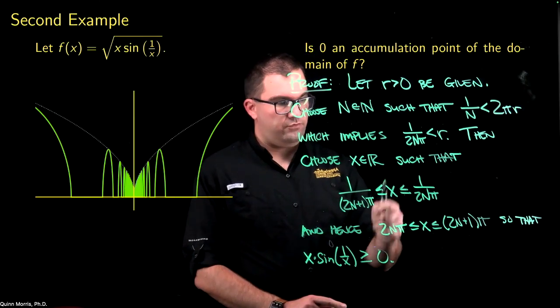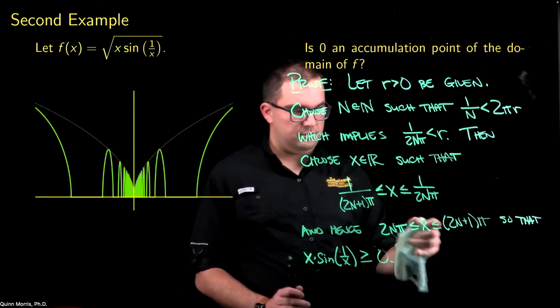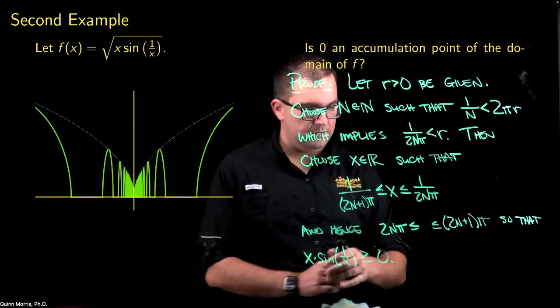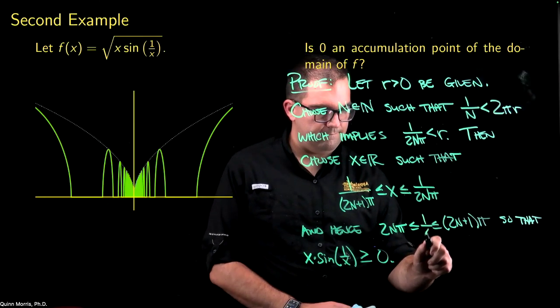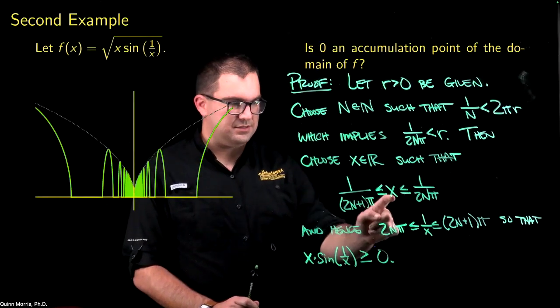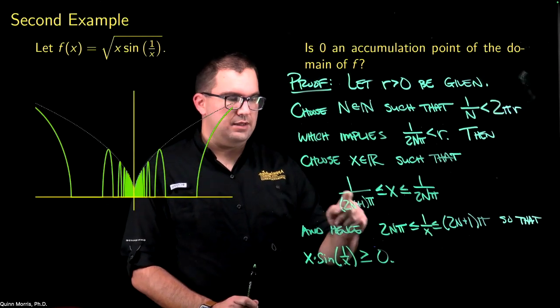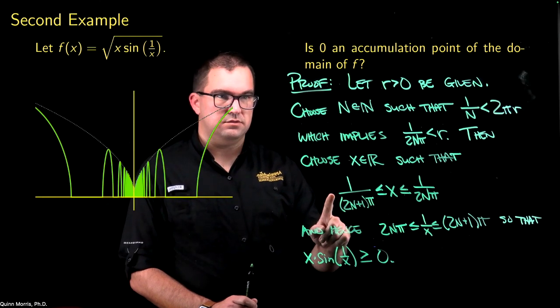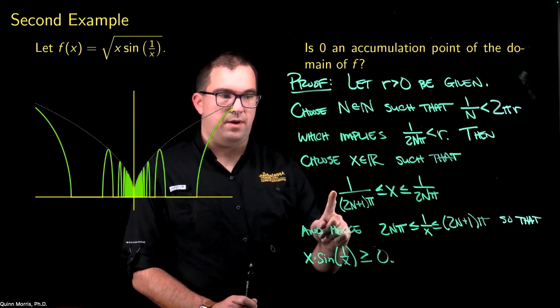Let me back up because I wrote the wrong thing here. Let me point at some different things. So let's start over. x up here is greater than or equal to this, and this is strictly positive.